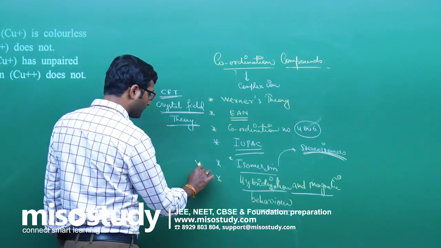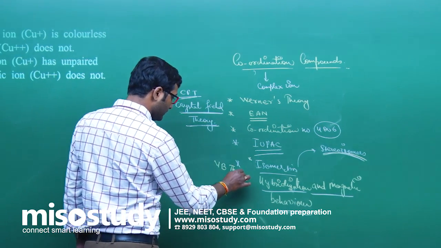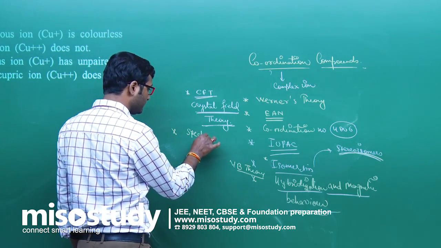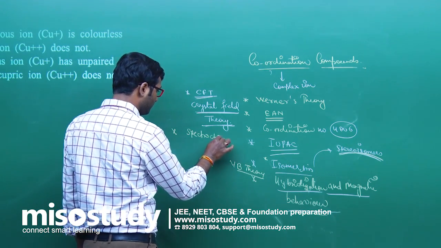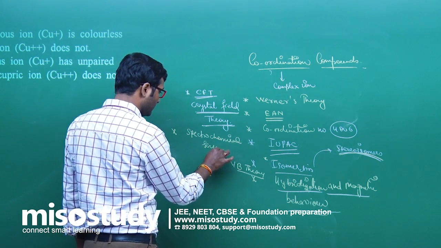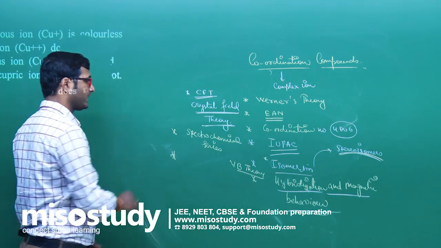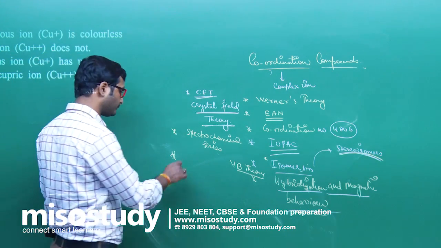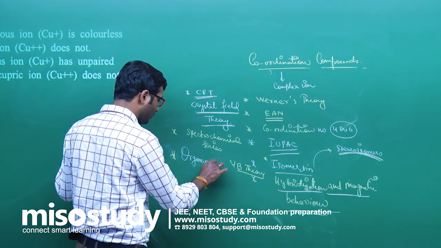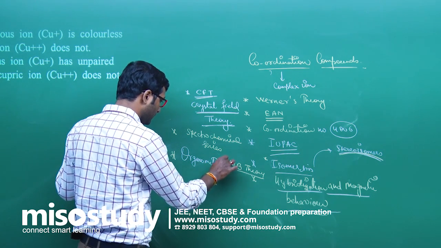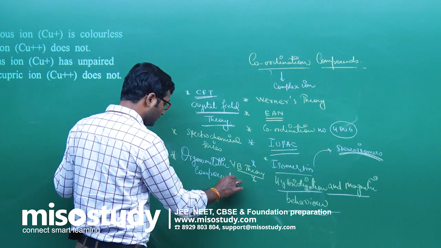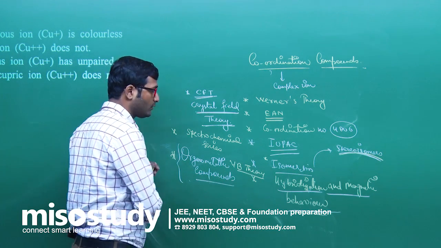Hybridization comes from VBT, valence bond theory, so don't get confused. Then spectrochemical series, and finally organometallic compounds.